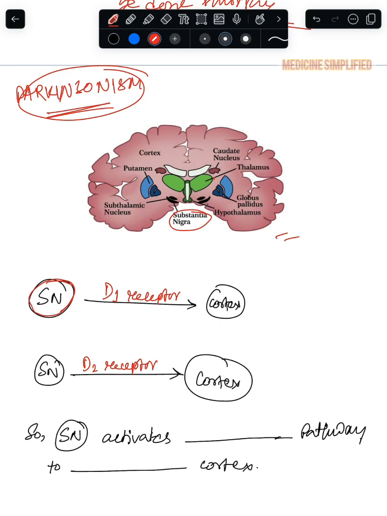What does it do? Main function: via the dopamine 1 receptor, it stimulates the direct pathway, and via the D2 receptor it inactivates the indirect pathway.